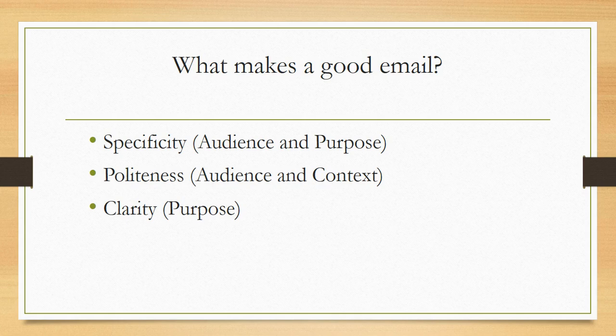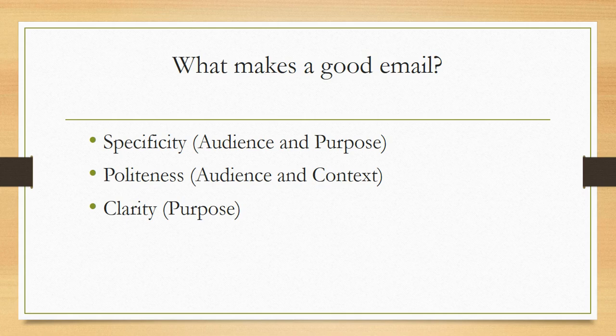If you were writing your aunt to thank her for the aforementioned Christmas sweater, that may require less politeness and a bit more familiarity than if you were writing her to ask about openings in her company. Because we have a different context, we may need to shift our politeness a bit. And finally, clarity. We need to come out and we need to be specific.